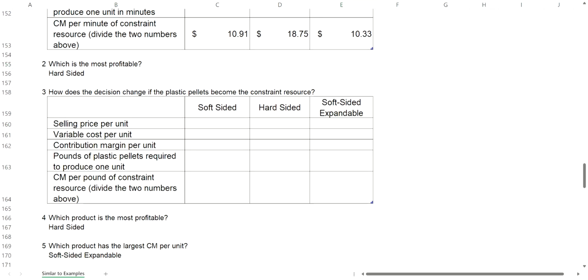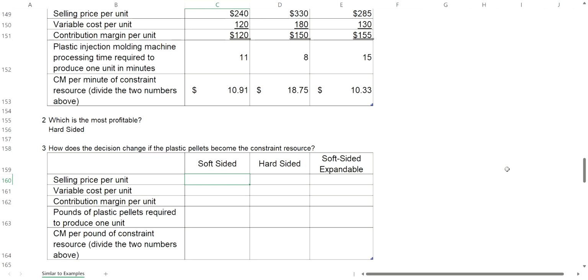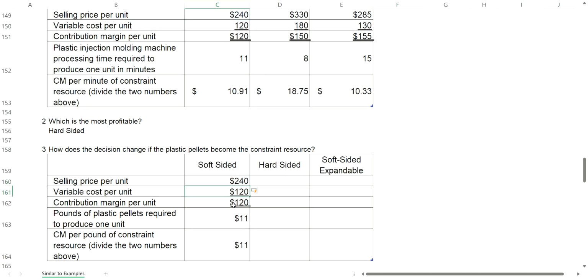Next, we are going to do the same thing, but let's assume that the pounds of plastic pellets is our constraint resource. So we will go ahead and bring down the information above. I will bring down the selling price, the variable cost, and the contribution margin. Do the same thing for the hard-sided and the expandable.